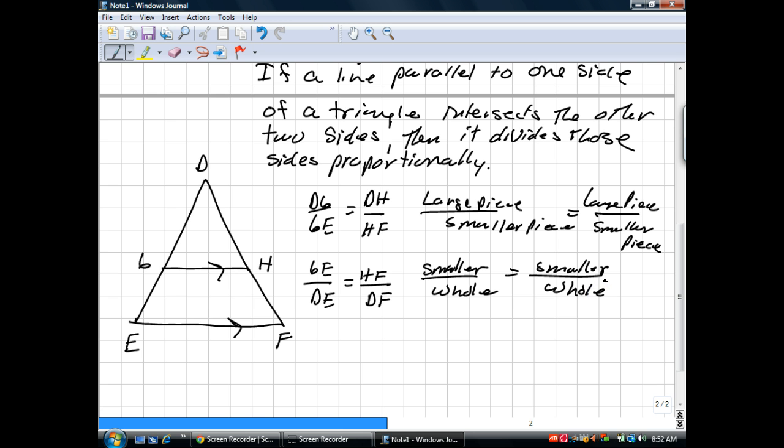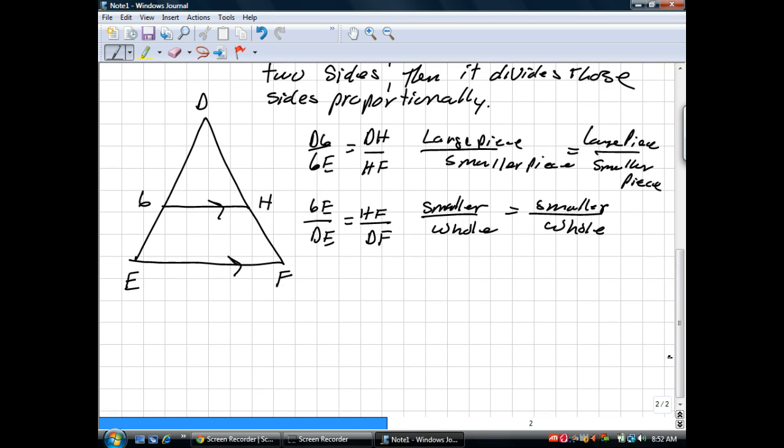Okay? Or we could also do the large to the whole. So we could do the larger piece, which is DG, to the whole piece, as DH is to DF. So this is the large to whole equals large to whole.